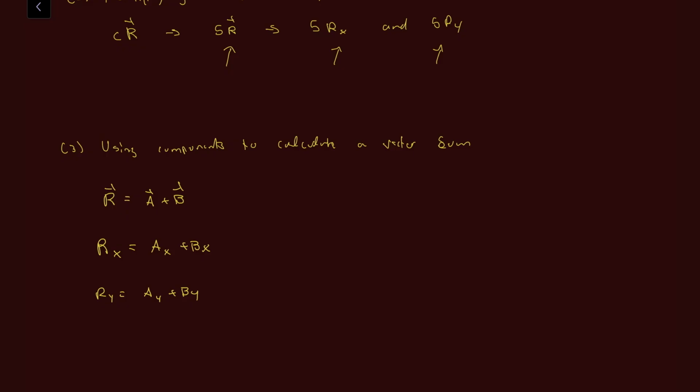Now, this may sound very simple, but this is actually extremely powerful, because what we just wrote down was basically that the x component of your resulting vector is equal to all the x components of your additive vectors added together. The y component of your resultant vector is just all the separate individual y components of the vectors you're adding together.